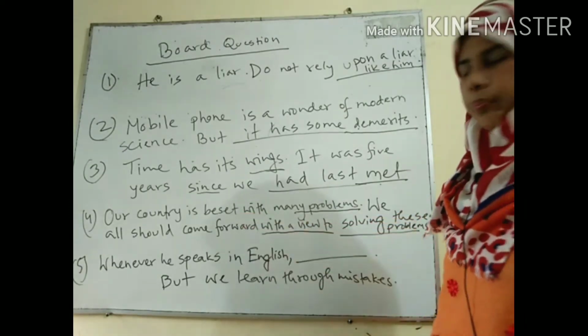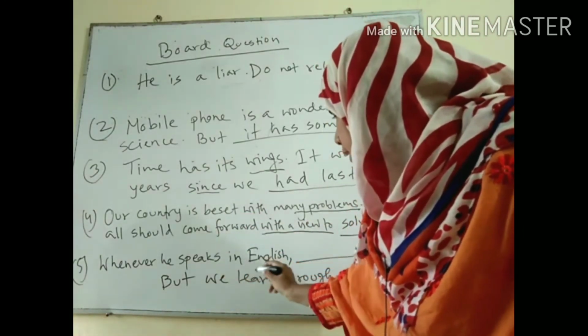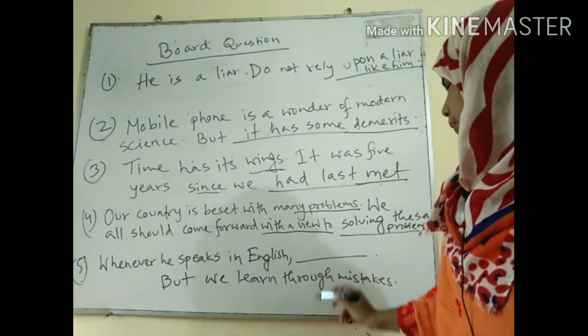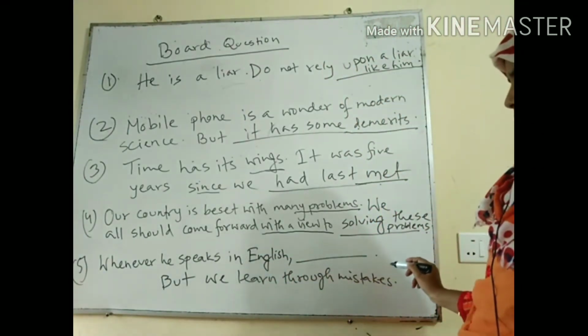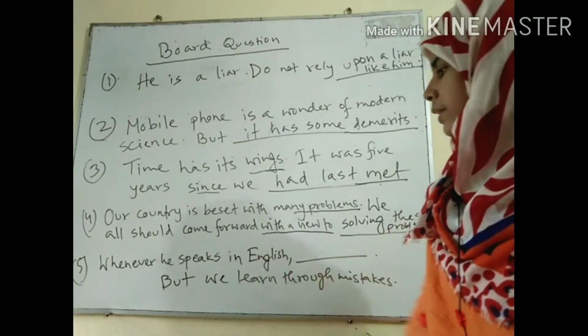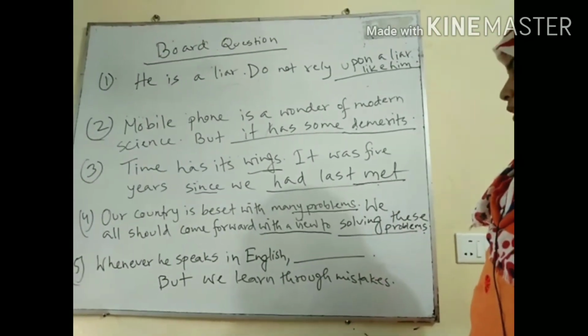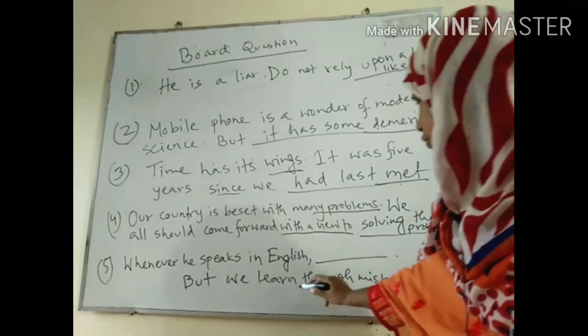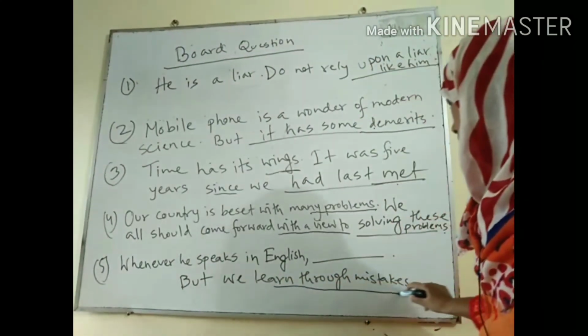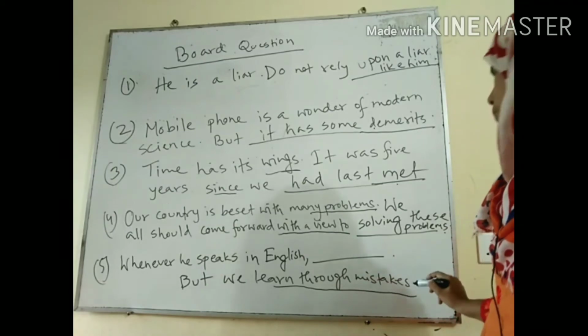Then fifth one, whenever he speaks in English, gap, and then another sentence is given, but we learn through mistakes. So you have to notice this one, we learn through mistakes.